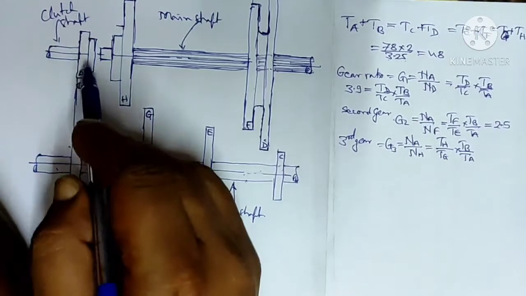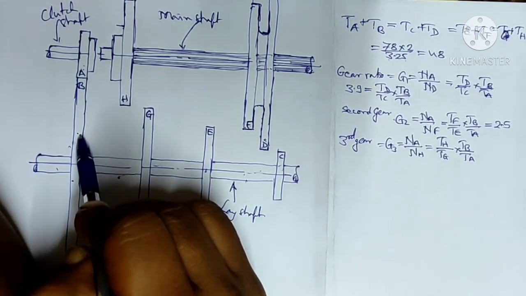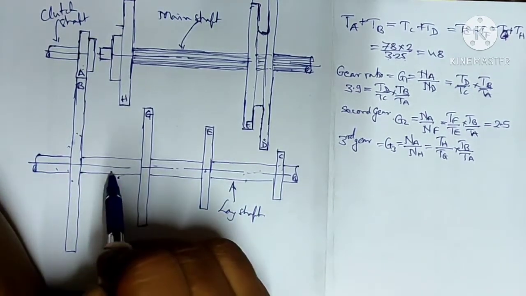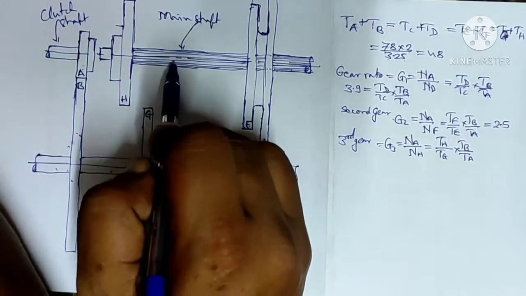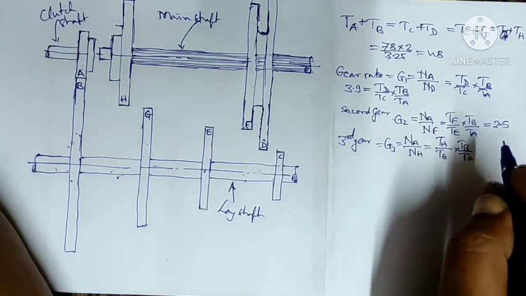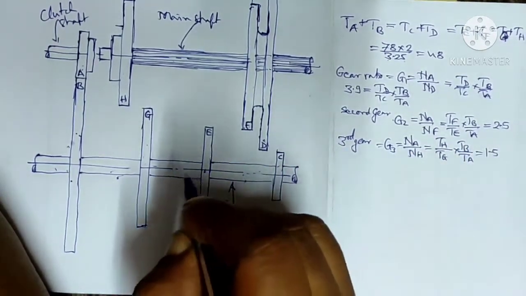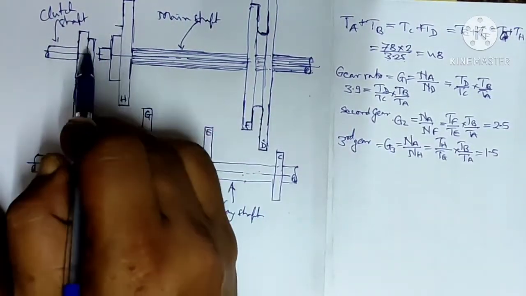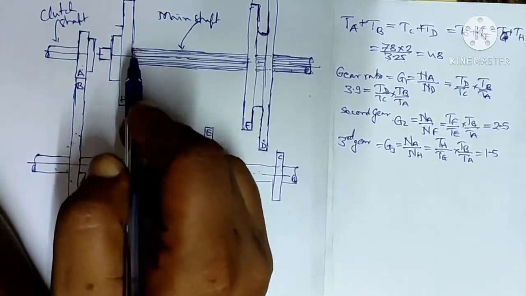Okay, A to B we are going to get, and from this we are going to get to the lay shaft on G, and from G to H and H to the main shaft. So it is NA upon NH equals this, and this is given as 1.5. And for the final position, this will be directly engaged with this, so it will have a gear ratio 1:1.